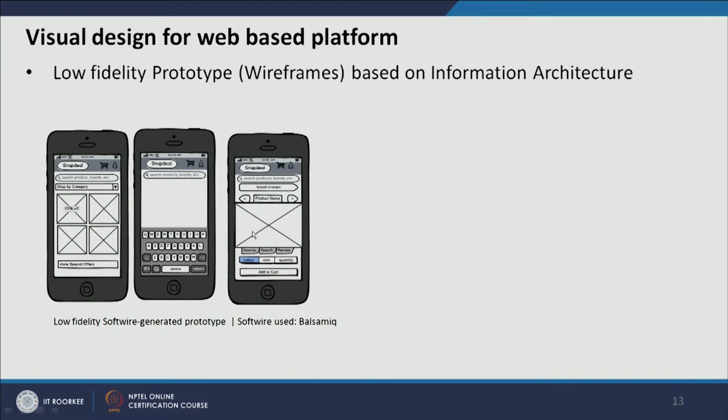There are some software tools which also help to design a very quick wireframe. One of them is Balsamiq, which I will show you. I will give a quick demonstration of Balsamiq and show you its interface. And here this is a Balsamiq generated wireframe. This is also very rough.